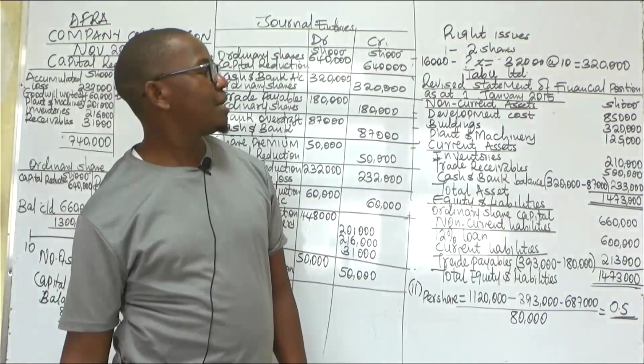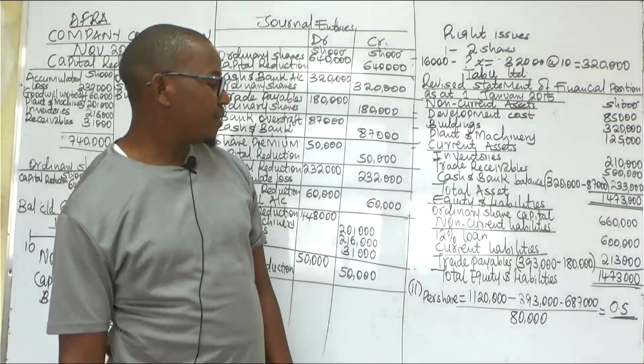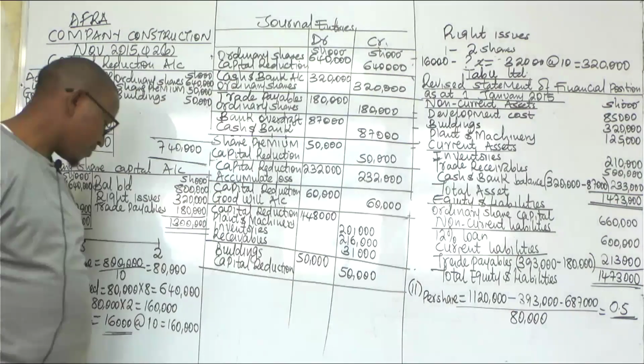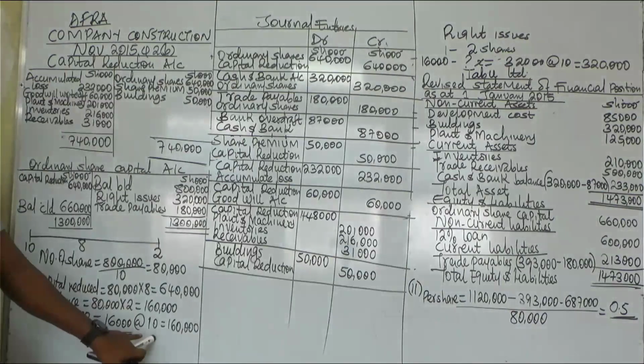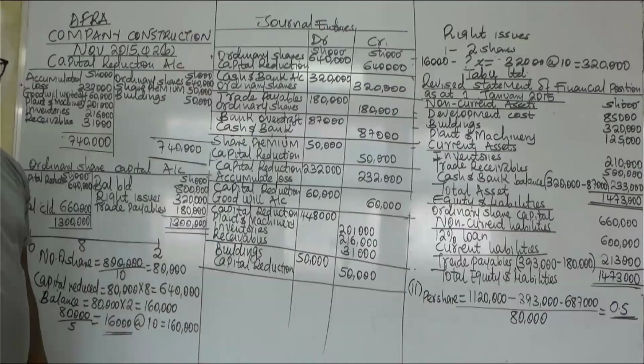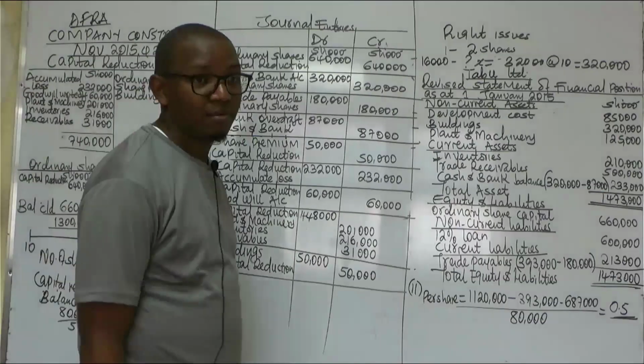But when you look at the company reconstruction, tumemaliza wakiwa na how many shares? Per share itakuwa at how much? Shillings 10. Pamoja.